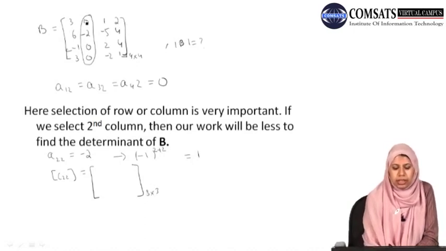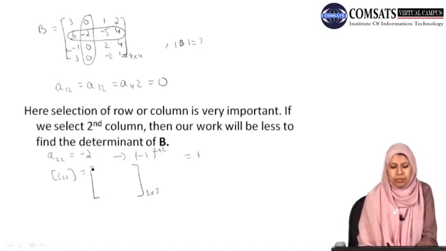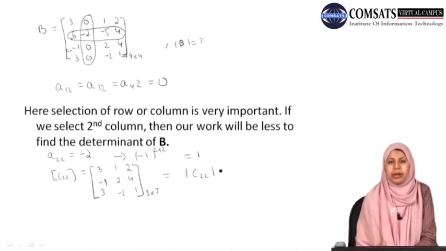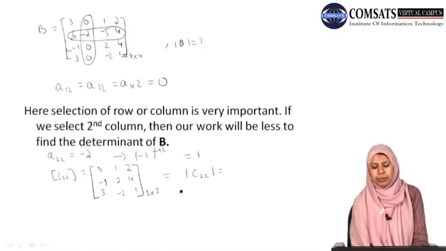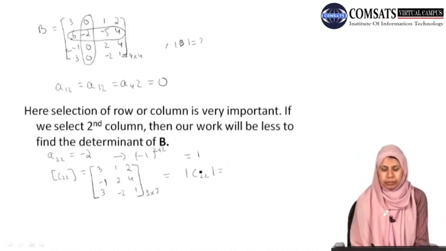And the entry is A22, means we have to delete the second row and the second column. Okay, and we are left with the entries 3, 1, 2, minus 1, 2, 4, 3, minus 2, 1. That is, we have to find the determinant of this matrix of order 3 by 3, which will be called as the minor.